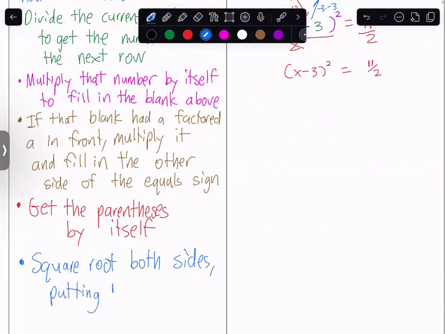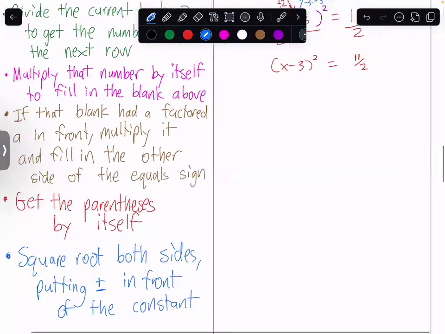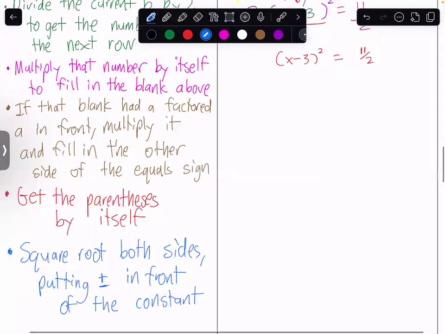The important thing to understand here is that you need to put this symbol called a plus minus sign in front of the constant. Okay, so how that looks on our problem.